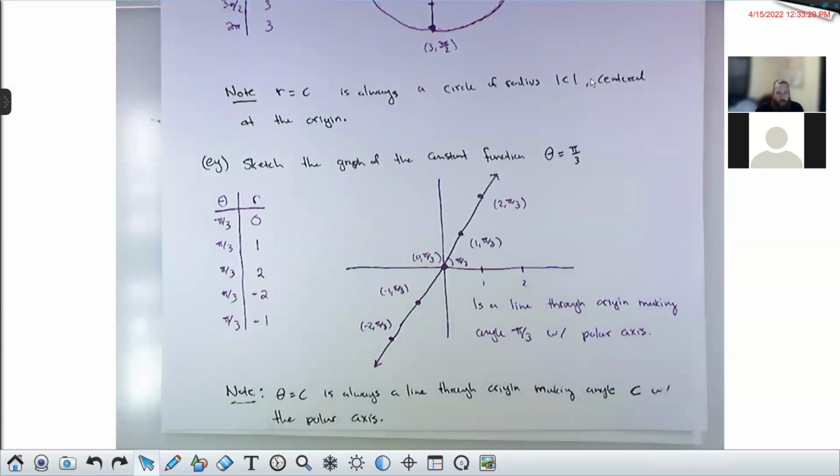So these are your two simplest possible examples, right? Constant functions.